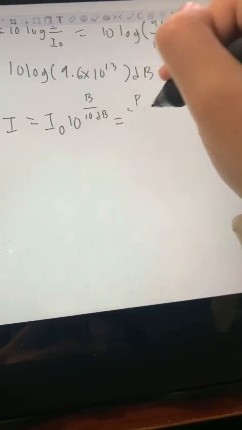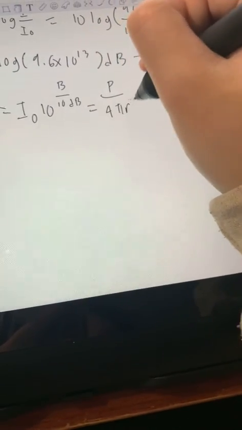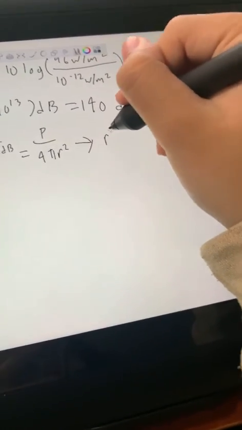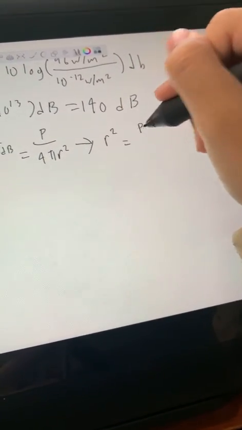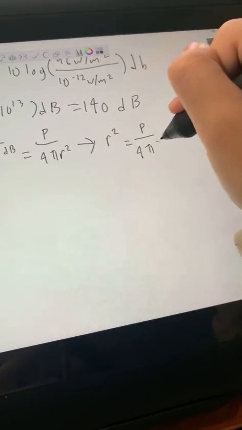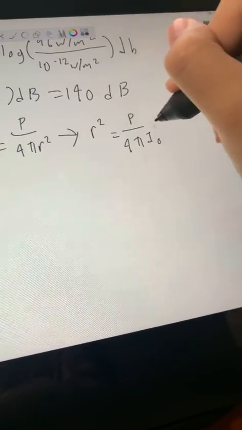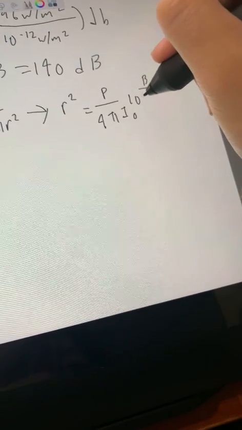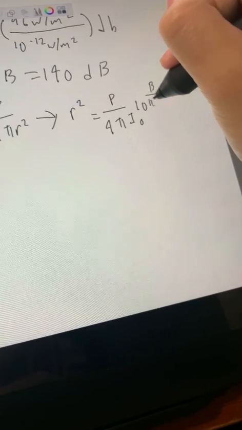And we can also use I equals P over 4 pi r squared and convert that to r squared equals P over 4 pi I0, times 10 to the power of beta over 10 decibels.